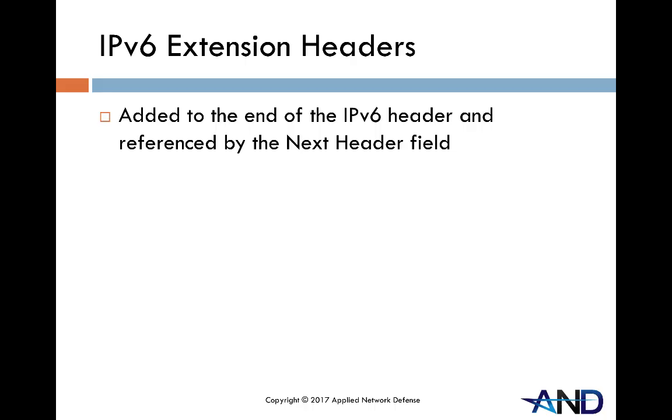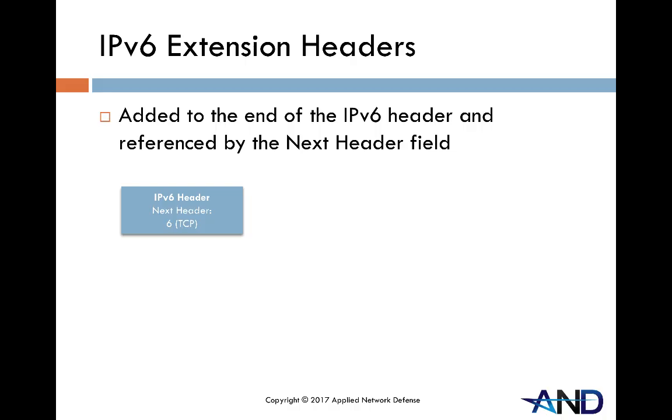But I do want to talk a little bit about how that works and how you'll visualize extension headers when dealing with IPv6 traffic. I want you to imagine that we have an IPv6 header here, and then we have this next header field, which specifies what the next header is. Remember, this is functionally kind of equivalent to the protocol field in IPv4, where it tells the recipient system of the data what protocol it has to dissect next.